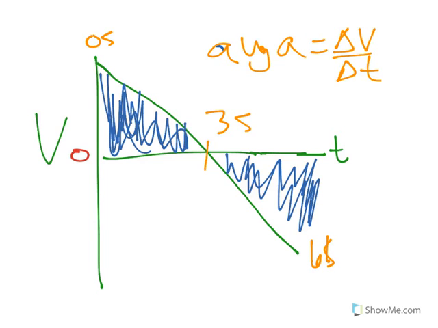The acceleration should be the same throughout, right? Because it's got the same slope. So if I wanted you to find the acceleration from 0 to 3 seconds, you would just find the change in velocity from 0 to 3 seconds, all right? You just plug it in and you could solve for it. That's how you find average acceleration on a graph.